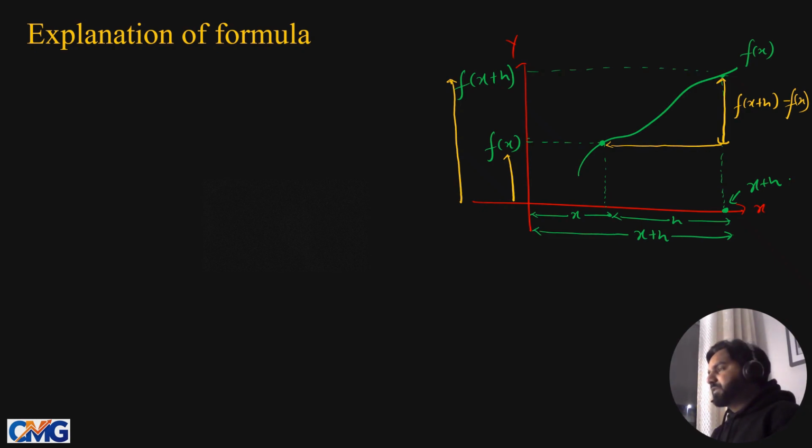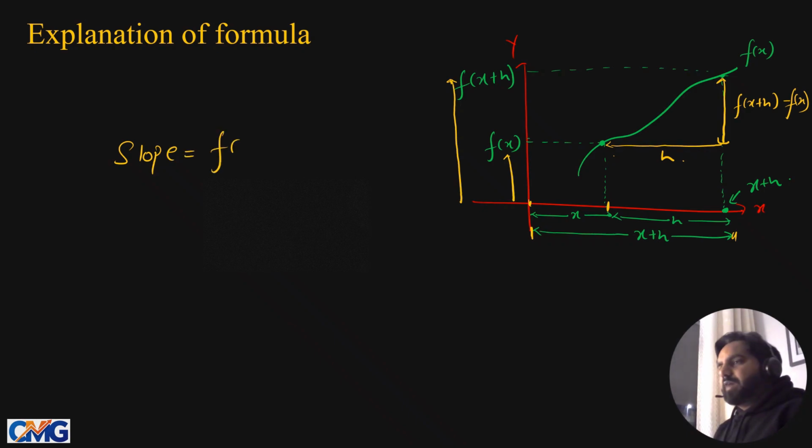And what is this distance? This distance is f of x plus h, from here to here, take away this one, it will become h. So in summary, your slope is equal to f of x plus h minus f of x divided by h.